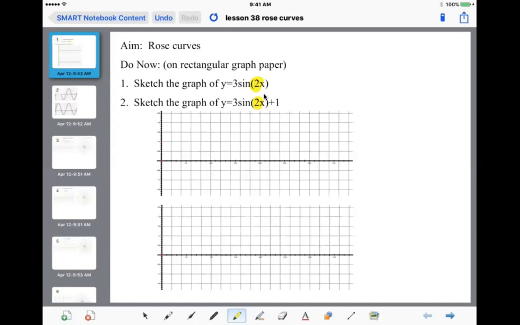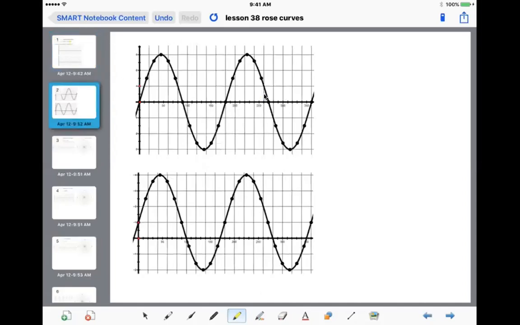Horizontal compression because the range won't change. It will still stay between -3 and +3. So there's a horizontal compression, and that's why the pictures of these two things look like these, where from 0 to 360 we get two periods, two full periods instead of just one.